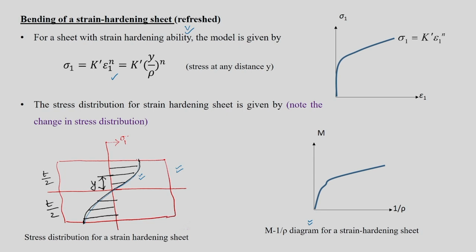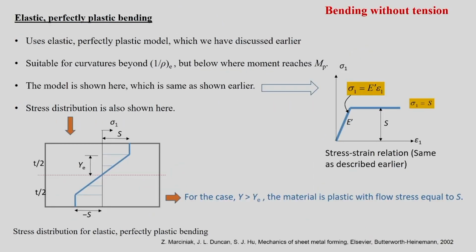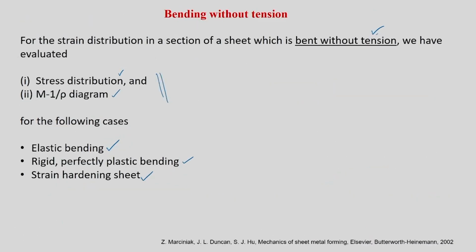Now we will work out one problem later using this bending of a strain hardening sheet, and at that time you will again use this type of relationship. So now let us go to the fourth case, that is elastic perfectly plastic bending. Whatever we have seen are elastic bending, rigid perfectly plastic bending, and the strain hardening sheet.